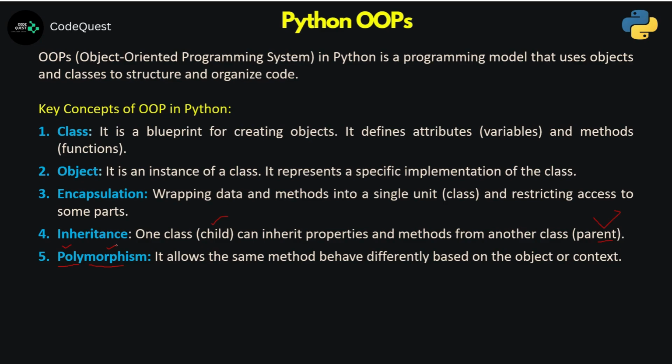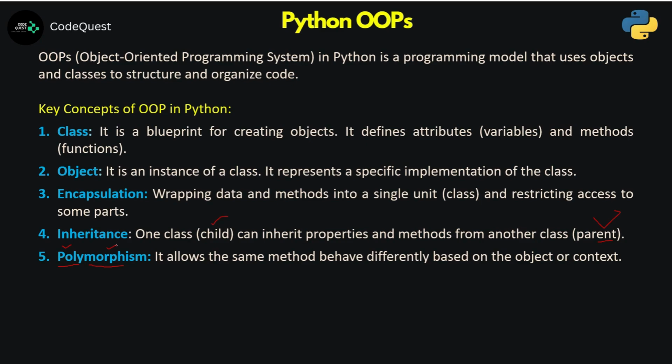So the behavior of a particular method in a different context is the concept of polymorphism. One person can be father of a son or daughter, and he may be husband to his wife, so one person may be playing multiple roles, and the context is different, so accordingly his role is also going to be different.